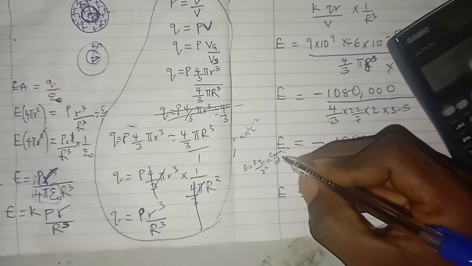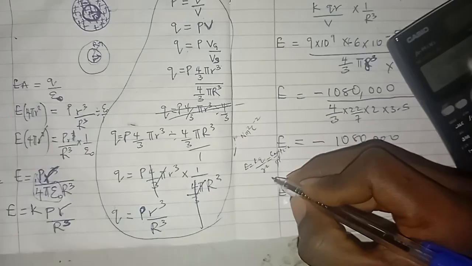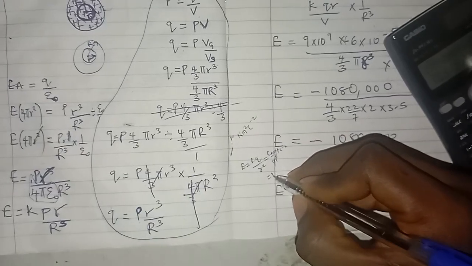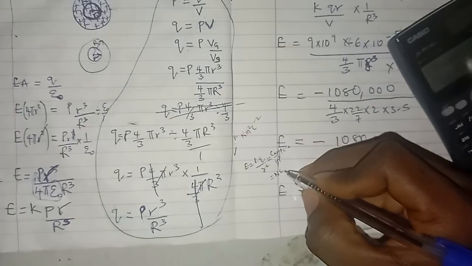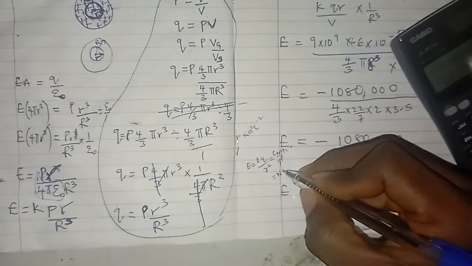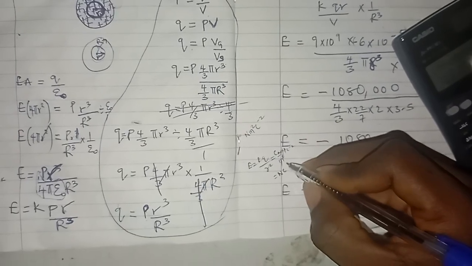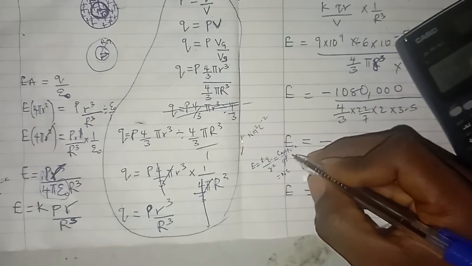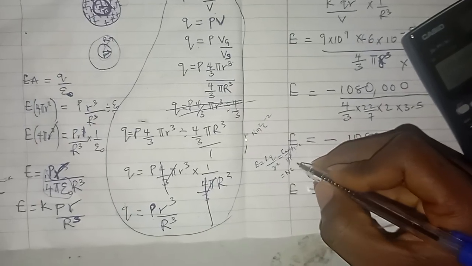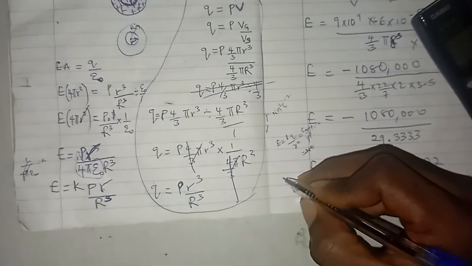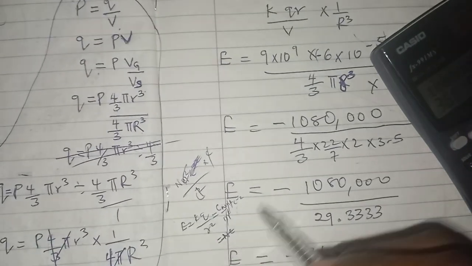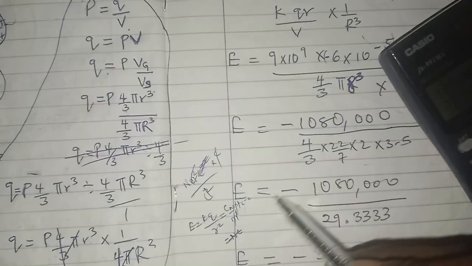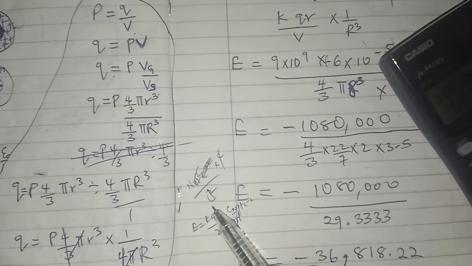So let's put everything together. You see that this cancels this, this cancels this, so when you do it well, it will give you Newton per coulomb.